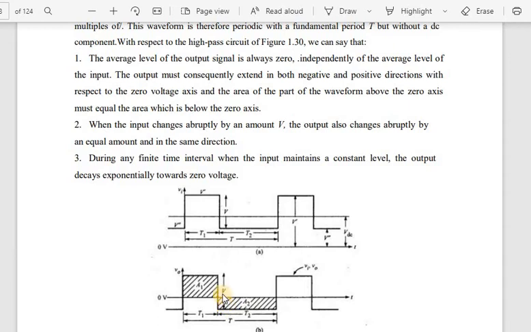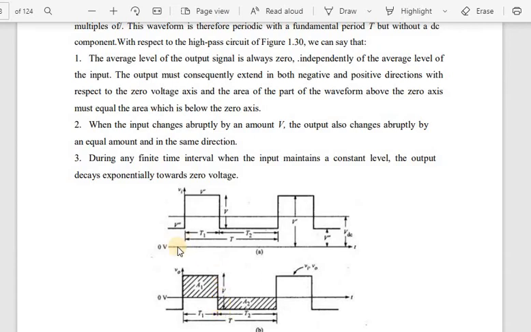Now the second one: when the input changes abruptly by an amount V, the output also should change abruptly by an equal amount and in the same direction. When the input changes by this much amplitude, the output should also change by this much amplitude.